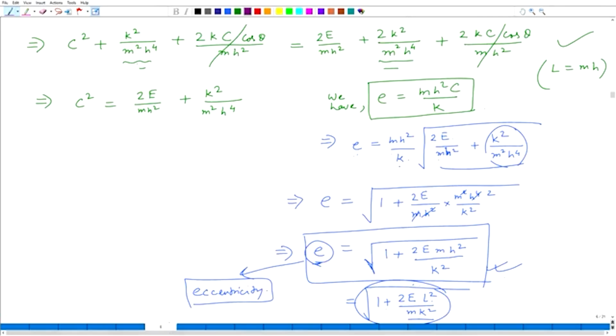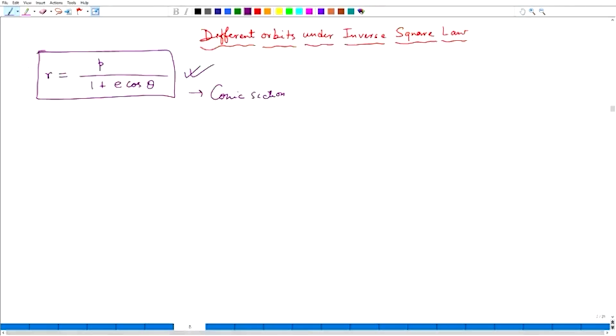We then also said that the eccentricity of the conic section, which is given by small e, will be related to the constants of motion in this way: root over 1 plus 2 capital E L square by m k square. Here E is the total mechanical energy.